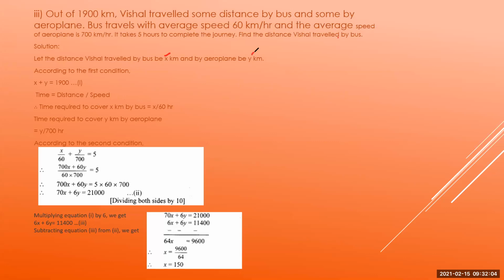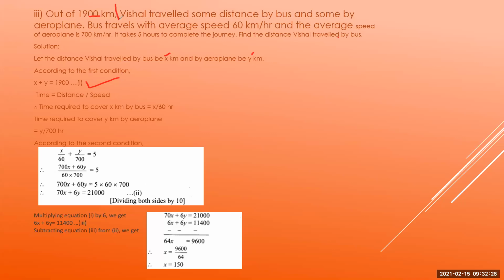Then again, nothing else is given, we are given the speeds. So firstly, the total distance is given, that is 1900 kilometers. So we take x plus y is equal to 1900. The first condition is completed. Then after the comma, again one more thing.